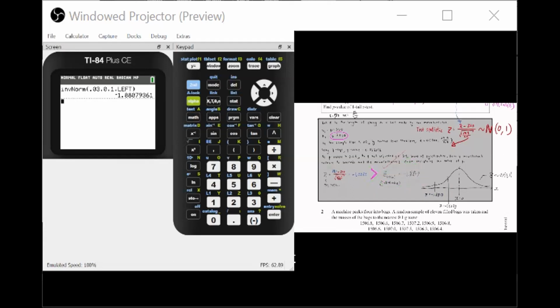Since it's outside of this critical region, we do not reject. Outside critical region, this implies we do not reject H naught at the 3% level of significance.